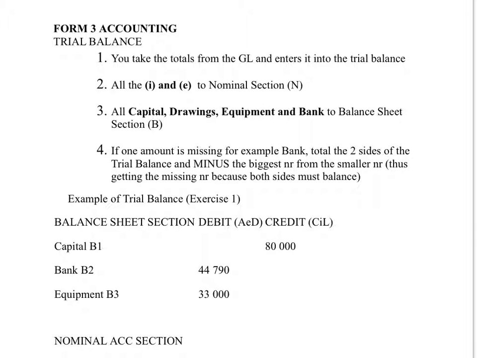The missing number would be the account that has no information in it. So what you do is once more, you minus the biggest number from the smaller number, and then that missing amount will be added to the account where the question mark is.